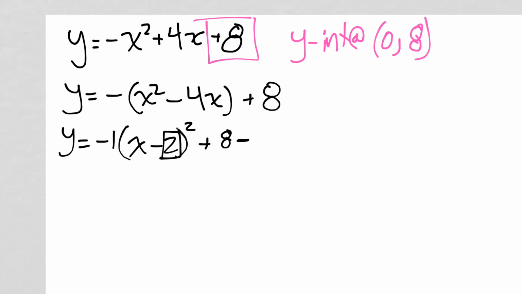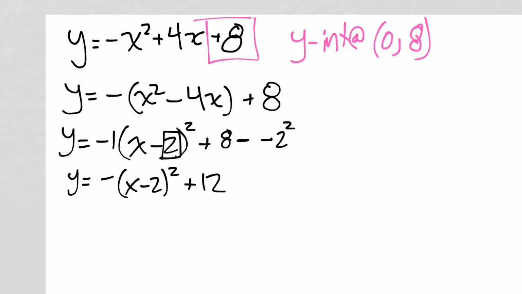So I'm subtracting a negative 2 squared, right? A double negative is actually giving me a positive. So I have y equals negative (x minus 2) squared plus 8 minus negative 2 squared, so 2 squared is 4, so plus 4, so I have plus 12.